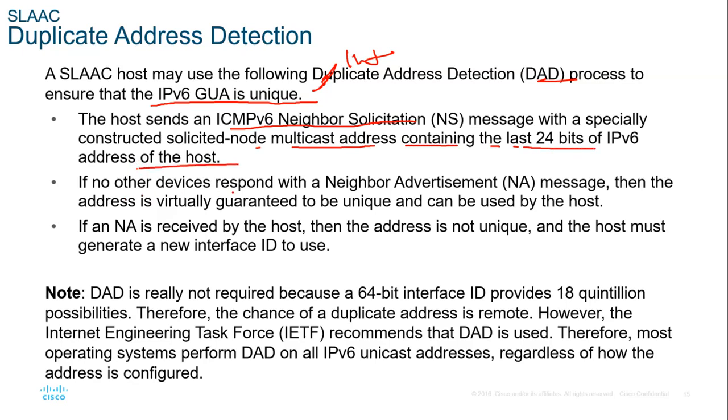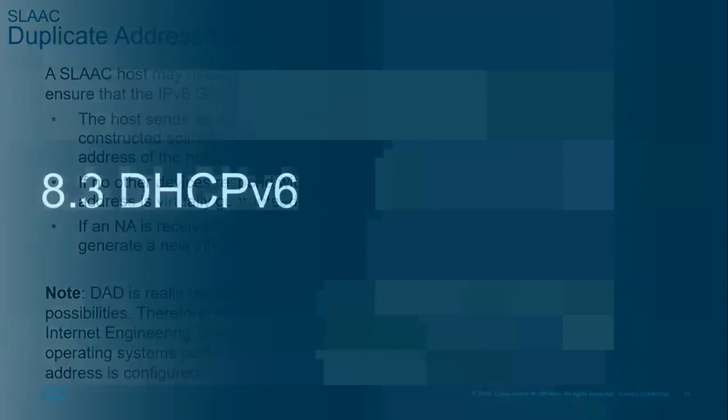If no other address responds with a neighbor advertisement message, then the address is virtually guaranteed to be unique and can be used by the host. If a neighbor advertisement is received, it means the address is not unique, it is already assigned somewhere else, and the host must generate a new interface ID by dropping the other one.